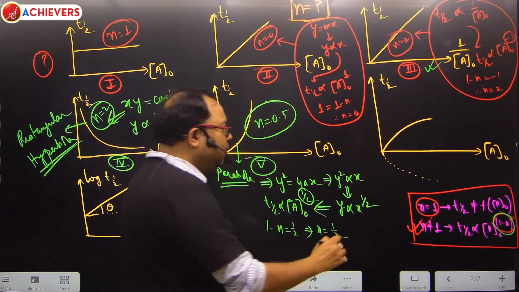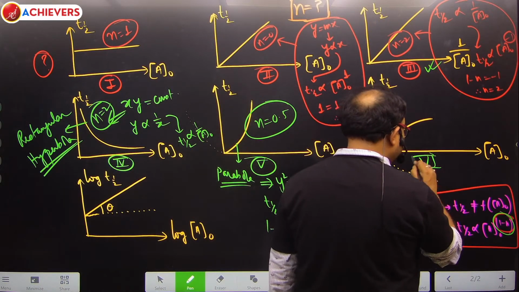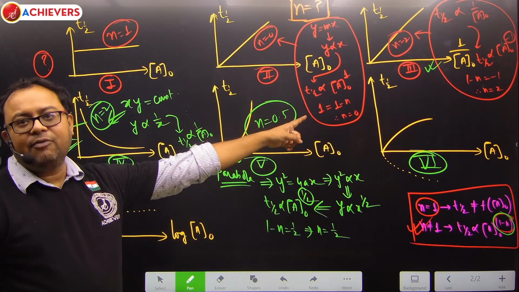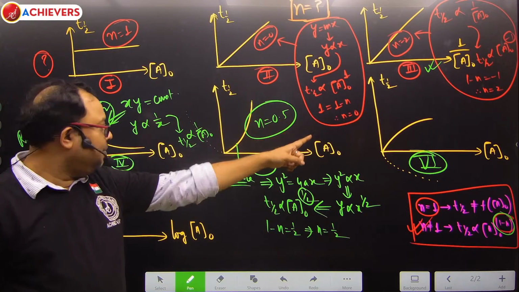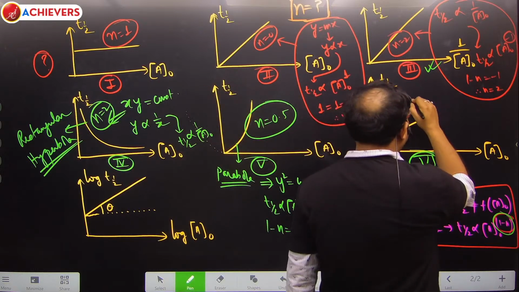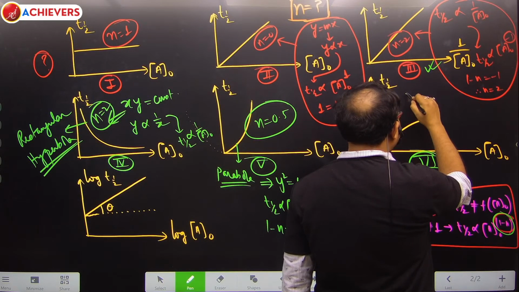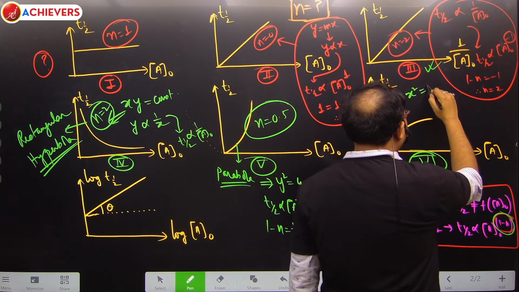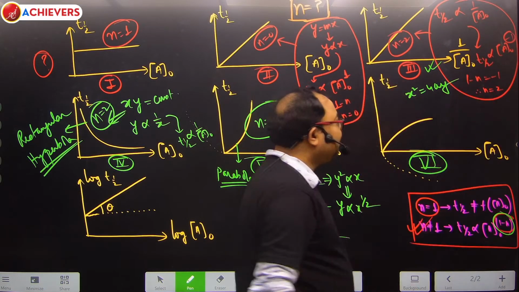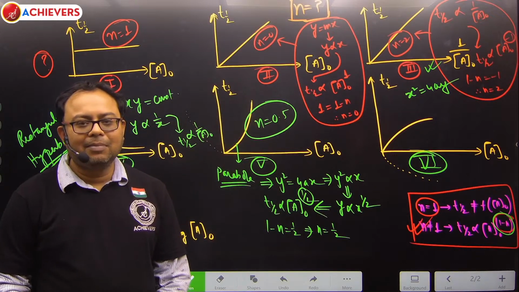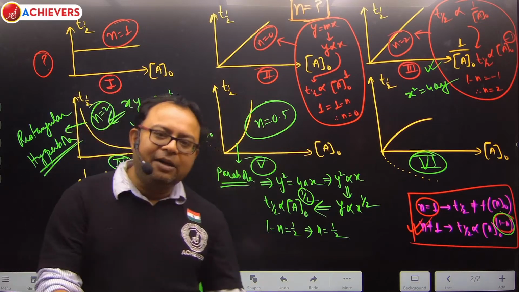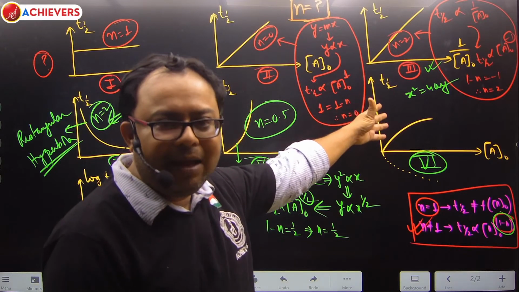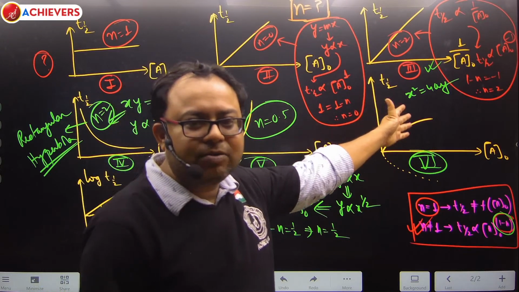Now let's move on to the sixth plot. In the sixth plot, again we are finding a parabola. But here the equation of the parabola is x square equal to 4ay. The parabola has been reversed. So this parabola is defined by the equation x square equal to 4ay.